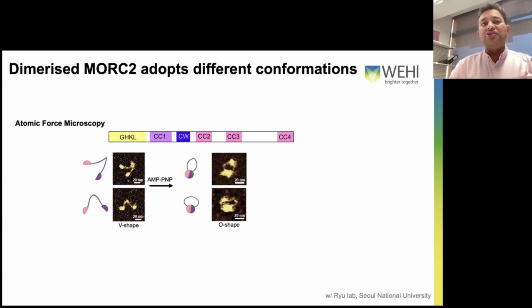So now we have a visual proof showing that MORC2 is a dimer through its C-terminal domain, and it also dimerizes through its N-terminal domain when there is ATP or a non-hydrolyzable form of ATP. And this atomic force microscopy was done in collaboration with Ja-Kyung Ryu's lab at Seoul National University.